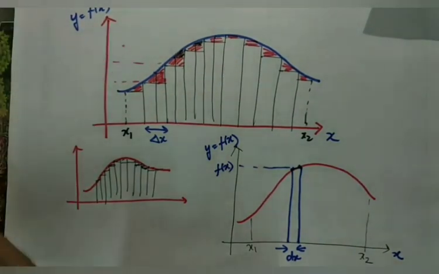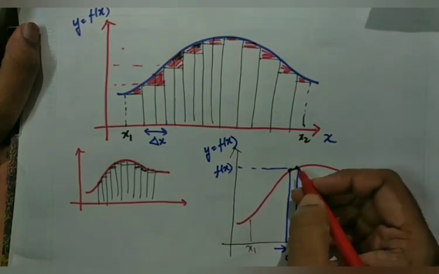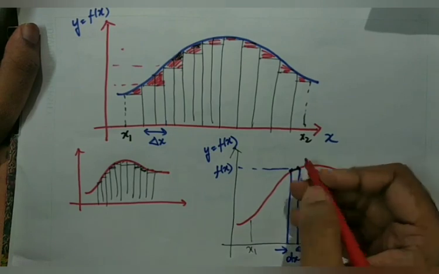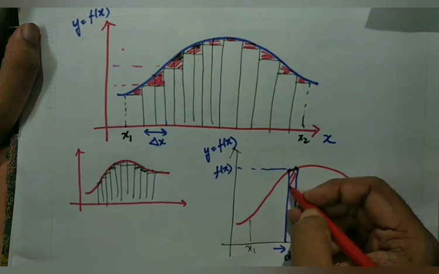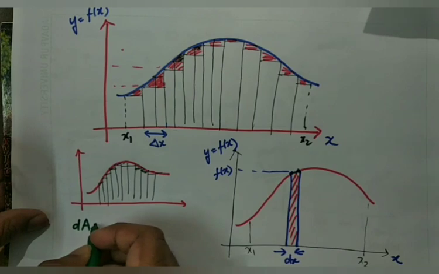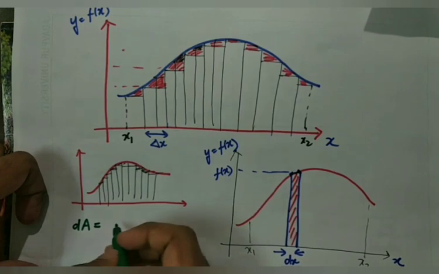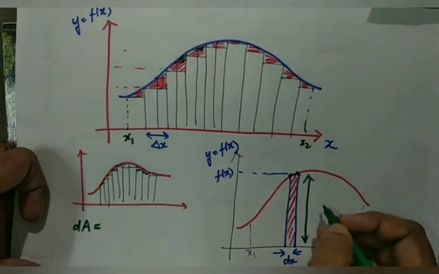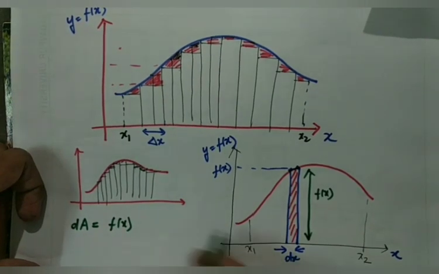Now I can say this is a rectangle, because these 2 points I will assume to be at the same level, because this length is very small, and we can consider these 2 points as the same point. So what if I calculate the area of this rectangle? The area of this rectangle, I can call dA. dA will be, this length is f(x), and this interval is dx.